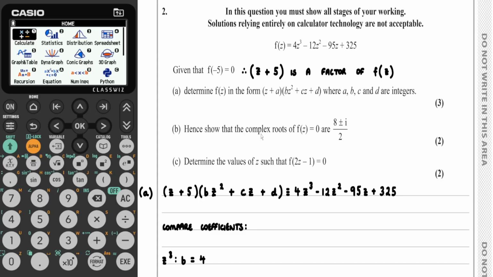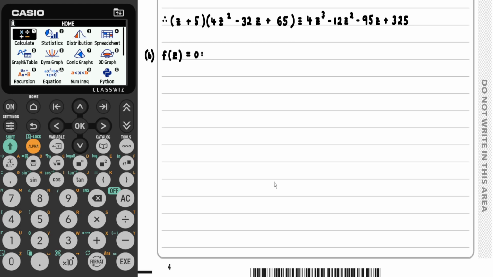Part B. Hence show that the complex roots of f of z equals 0 are 8 plus minus i over 2. If we have f of z equaling 0, that would mean we would have z plus 5 multiplied by 4z squared subtract 32z plus 65 equaling 0.